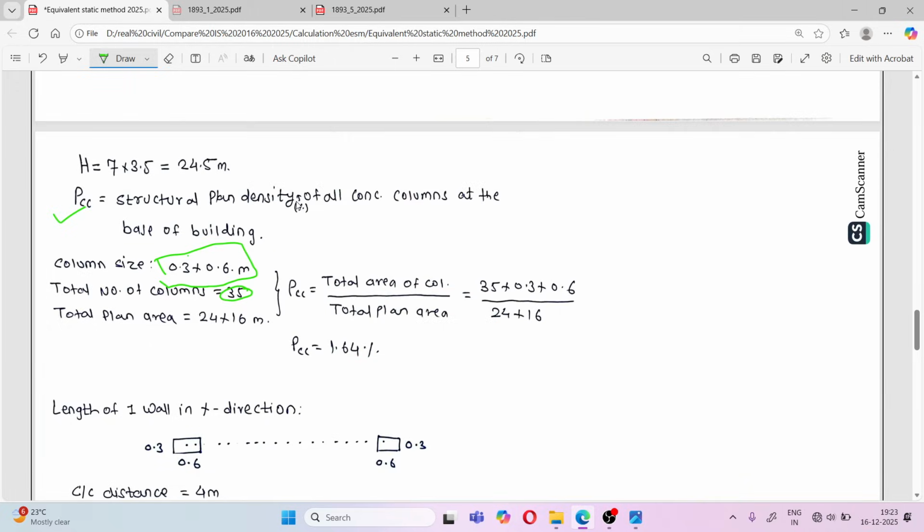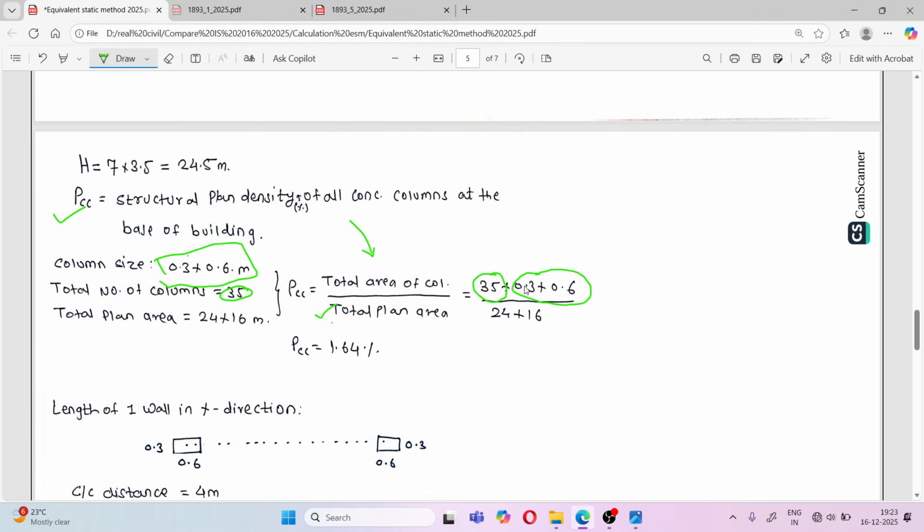So what is the formula for the structural plan density? So this is the simple formula. Total area of the column at the base of the building divided by total plan area. So total area of column: these are the number of columns, 35 at the base, and this is the size, cross section dimensions.